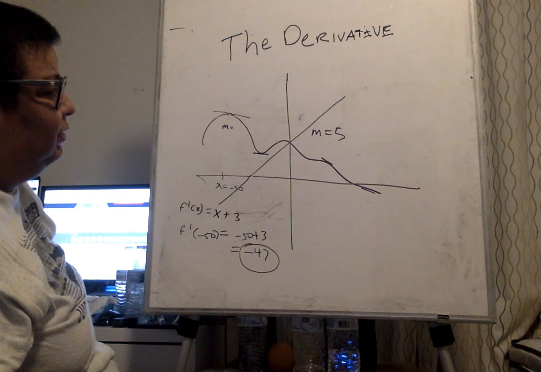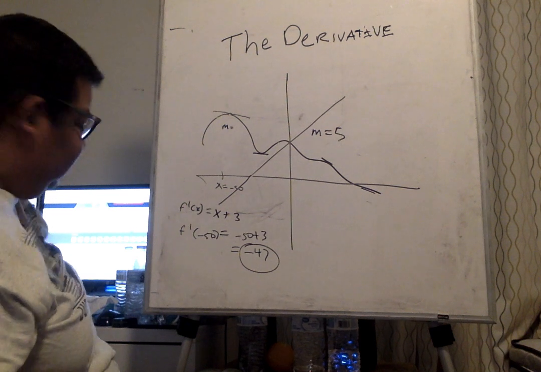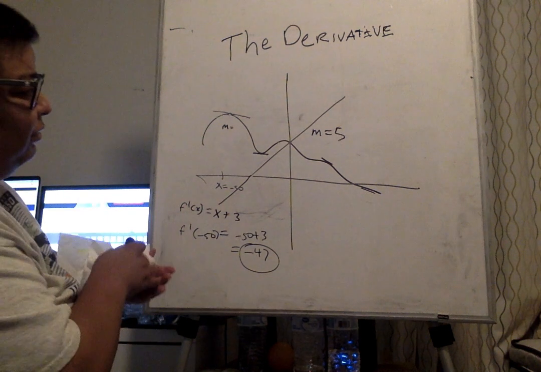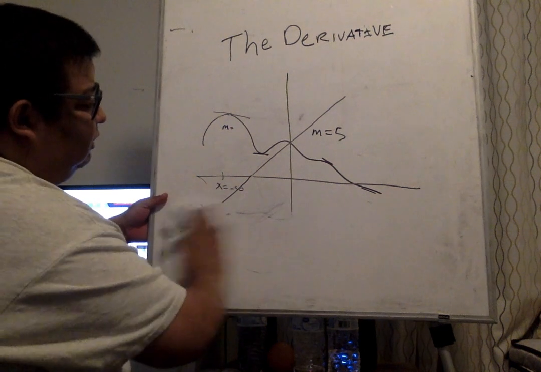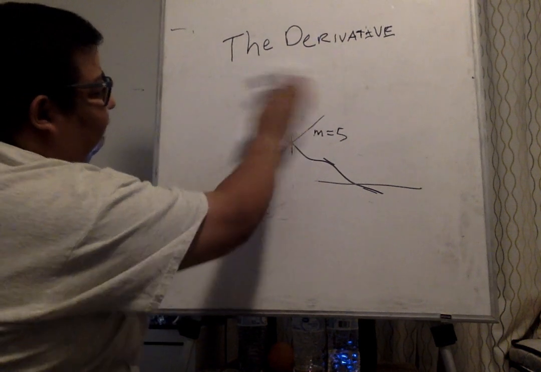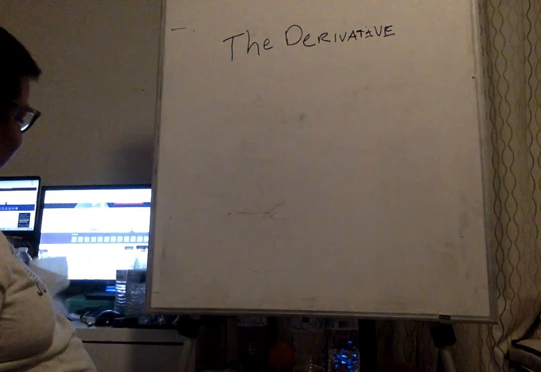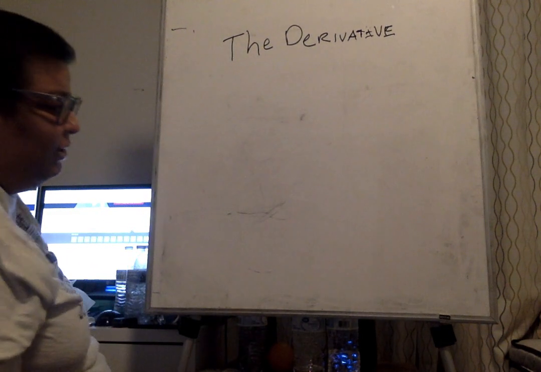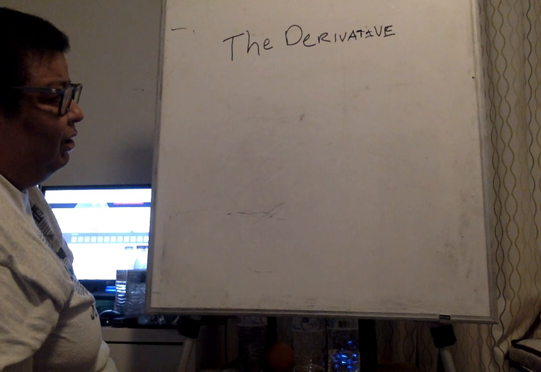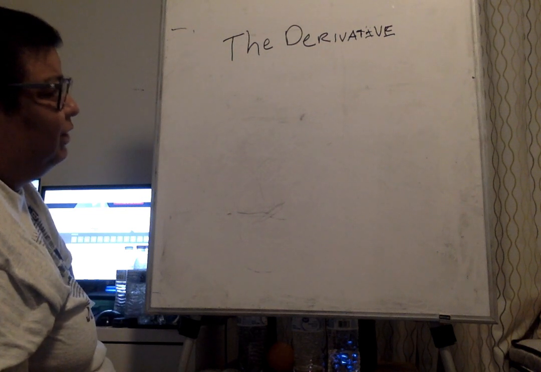But let's define the definition of the derivative, or what it means. Remember, the derivative is the slope of the tangent line of a graph.